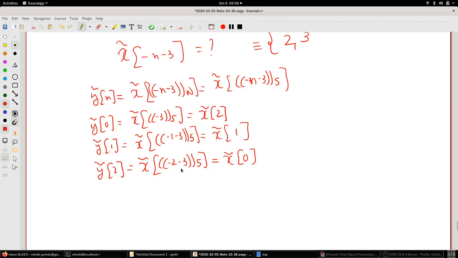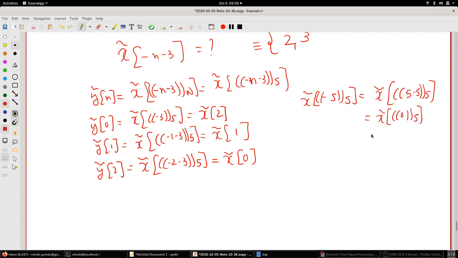It's a negative sign, right? Every time you know that if it's a negative, x tilde of minus 5 mod 5 is the same as x tilde of 5 minus 5 mod 5. What is mod? Mod is the remainder. So this is x tilde of 0 mod 5. If I divide 0 by 5, I will get 0 as a remainder. So this is x tilde of 0. Okay.